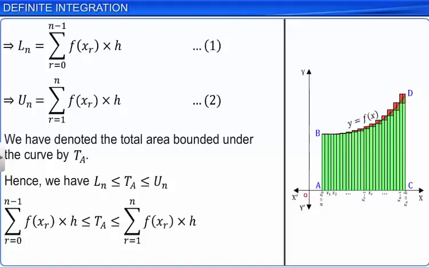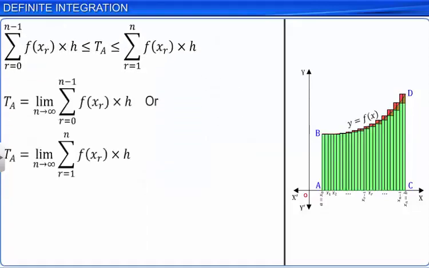Therefore, the area is equal to the limit of the lower sum or the upper sum as the number of subdivisions tends to infinity. It can be written as shown. So this limit of a sum as the width of each subinterval approaches 0 and the number of subintervals approaches infinity is called the definite integral.